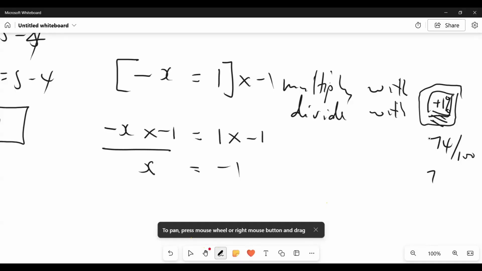The same effect is if you were to divide both sides by -1, right? So you have minus x divided by -1 equal to 1 divided by -1, and you'll get x is equal to -1, right? Yeah, good. I like that.